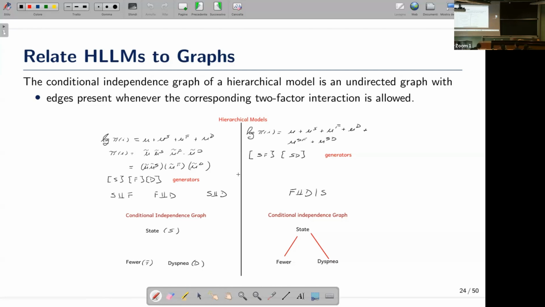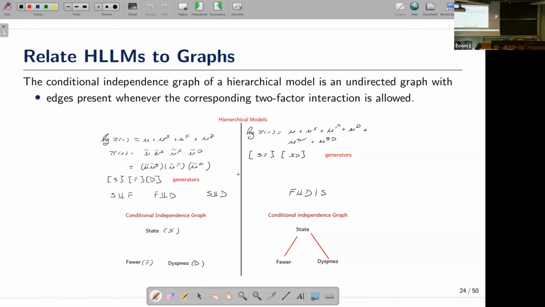So you have S, F, D. You have this conditional independence because you can factorize the joint probability in 3 parts. This doesn't depend on anything else. And the graph corresponding to this hierarchical model is this one. You don't have any link.